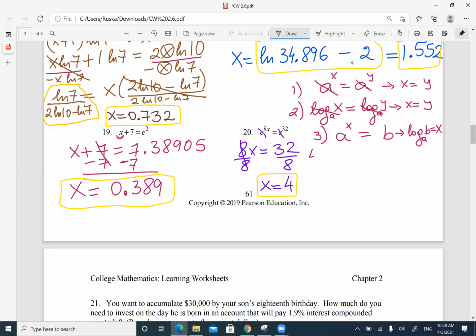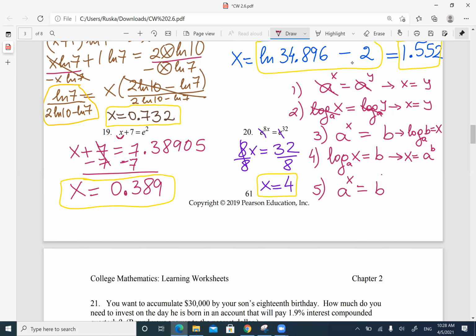Another type of equation we did is if you have logarithm equals number. So if you have logarithm with base a of x equals b, we solve it by changing to exponent. So I'm going to write x equals a to the b, to the exponent b.